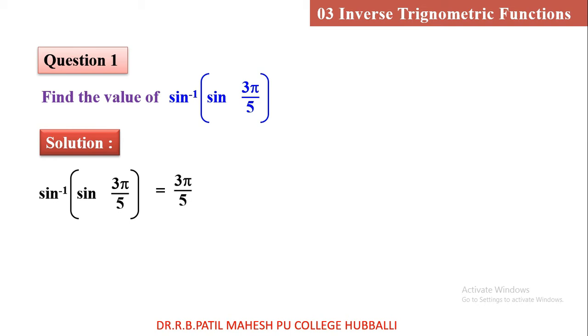Sine inverse of sine 3 pi by 5 is equal to 3 pi by 5, but as you know 3 pi by 5 is 108 degree. This will not belong to the range of sine inverse, that is minus pi by 2 comma pi by 2. 108 degree does not lie in minus 90 degree to plus 90 degree. Therefore, 3 pi by 5 is not the value of the expression.